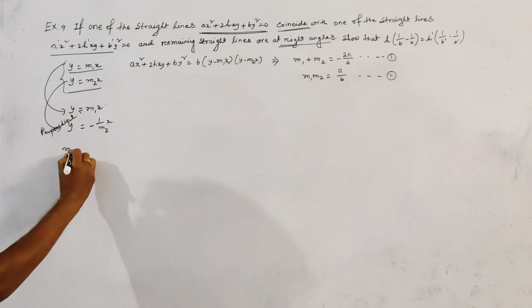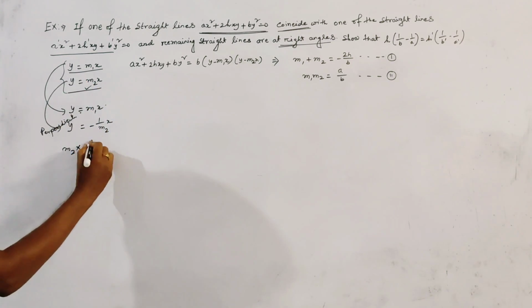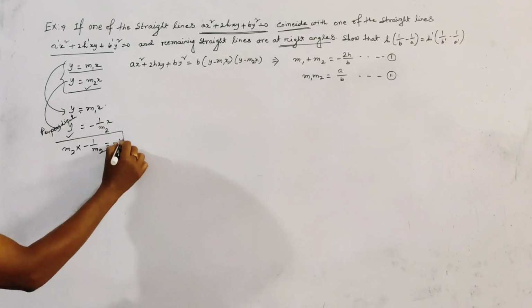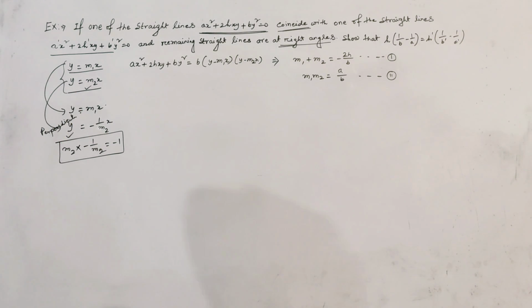Since m2, the slope of this line, and −1/m2, the slope of this line, multiply to −1, these two lines are perpendicular.